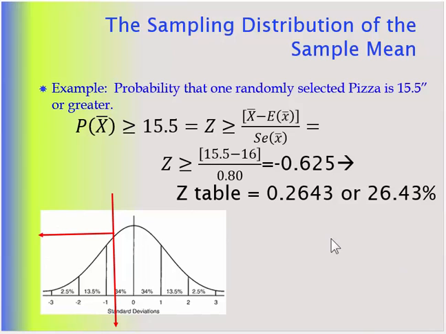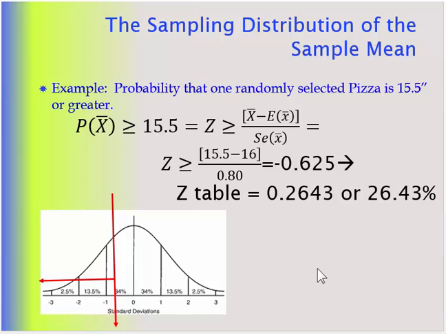So you can see here, what we're interested in is the space of the normal distribution that is accounted for in this red, between these red posts here. So this one all the way back to the origin. So the answer is 26.43%, but you can see that we've got 2.5%, 13.5%, and then some part of this 34%.